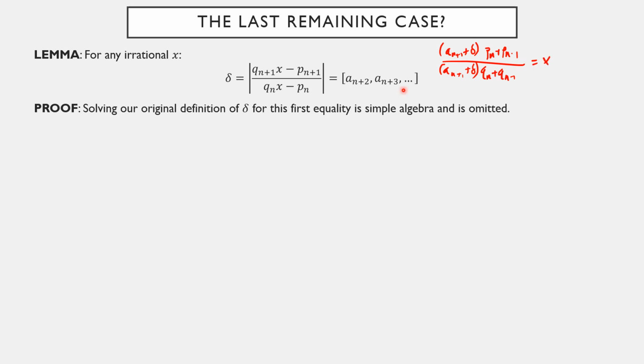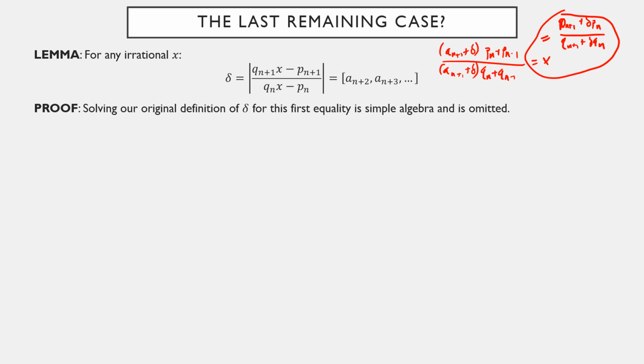Now observe, we have a_{n+1} p_n plus p_{n-1} and a_{n+1} q_n plus q_{n-1}. So this is in fact p_{n+1} plus delta p_n over q_{n+1} plus delta q_n.